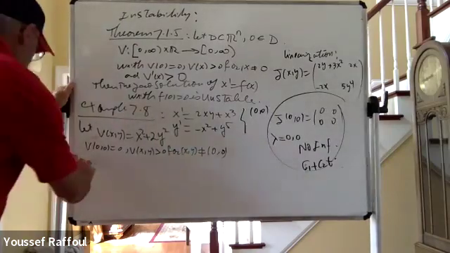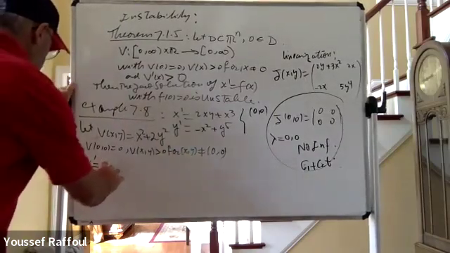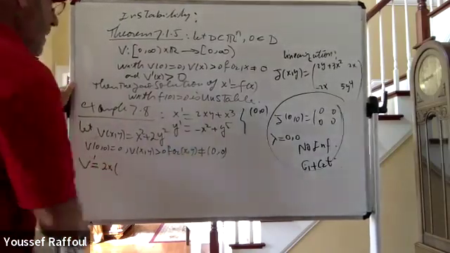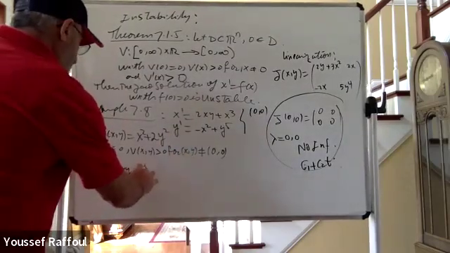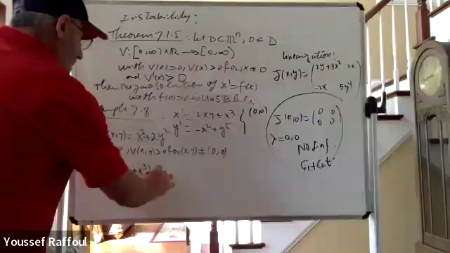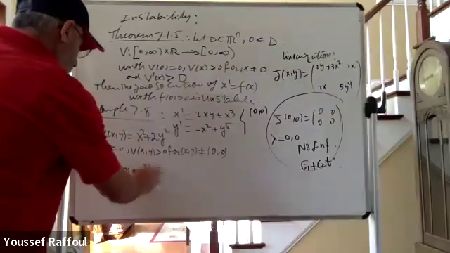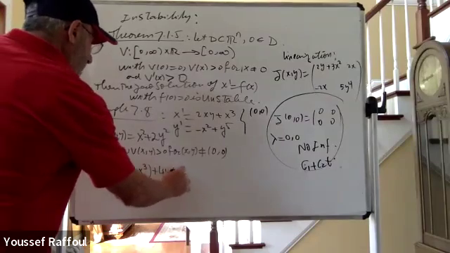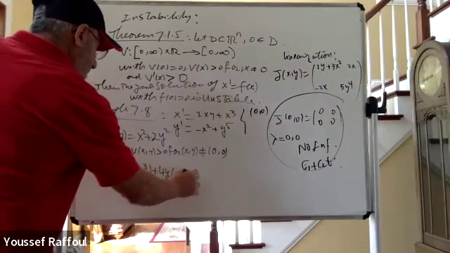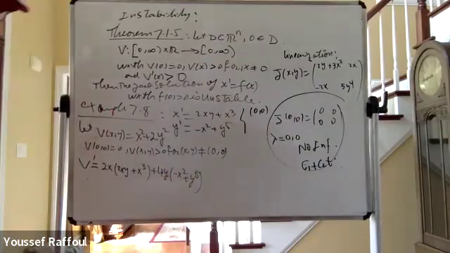Okay? Now, V prime is 2x times x prime, 2xy plus x cubed, plus 4y times minus x squared plus y to the 5th. Okay?